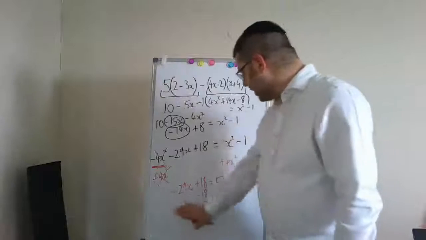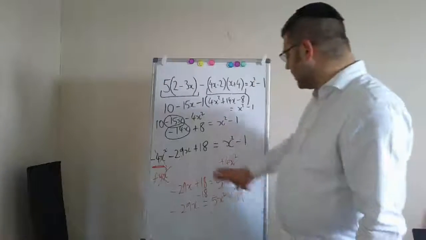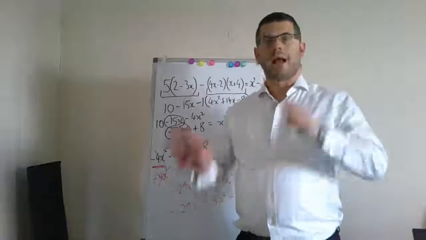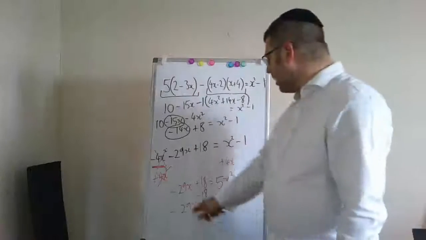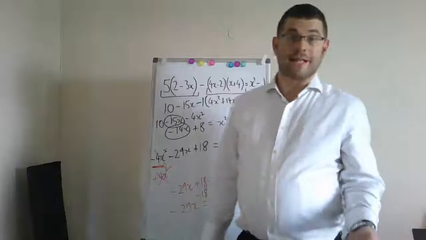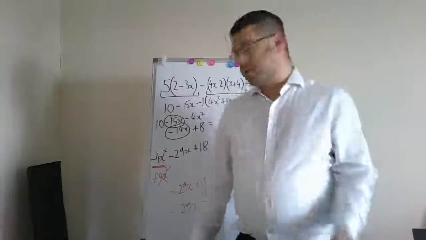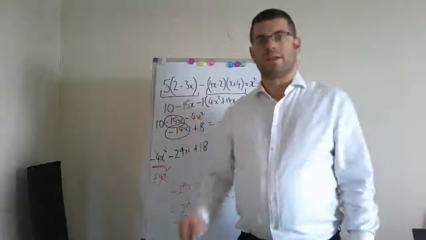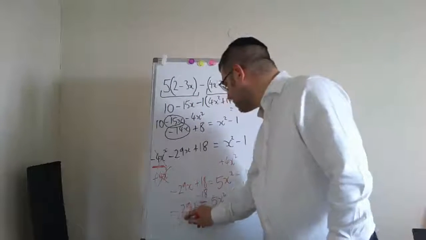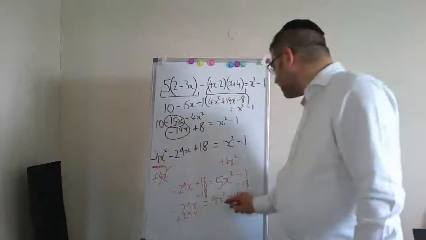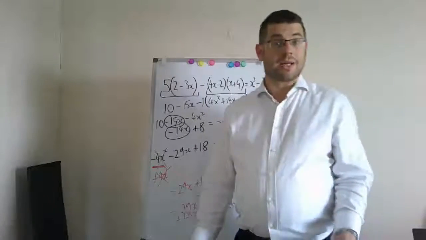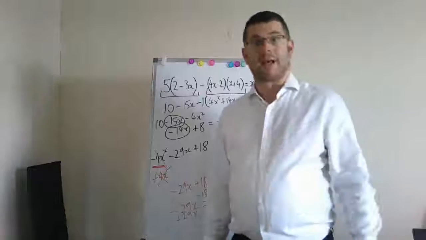So technically that is complete, but we prefer to have everything on one side and 0 on the other side. So I don't want to have minus 29x on that side. So if you don't want a minus 29x there, then add 29x, do the opposite to remove it. Add 29x on both sides, and look, minus 29x plus 29x leaves me with 0. That's what I wanted.